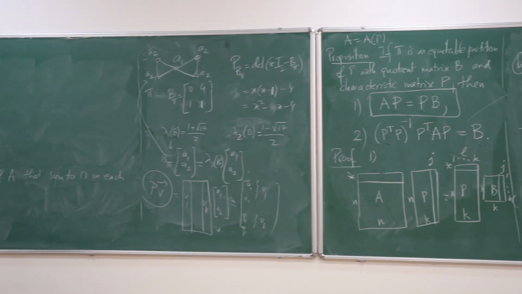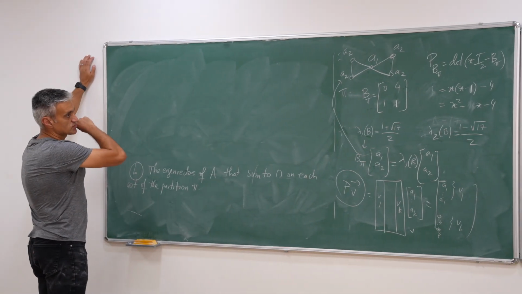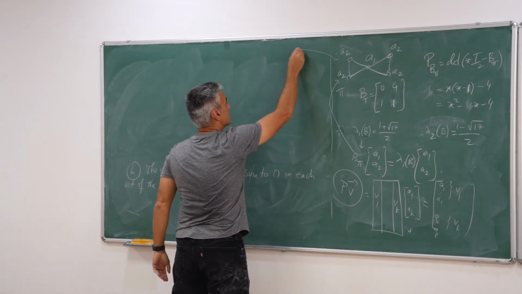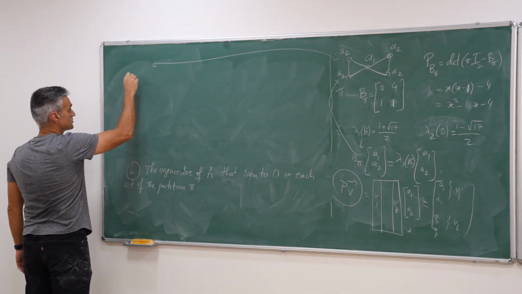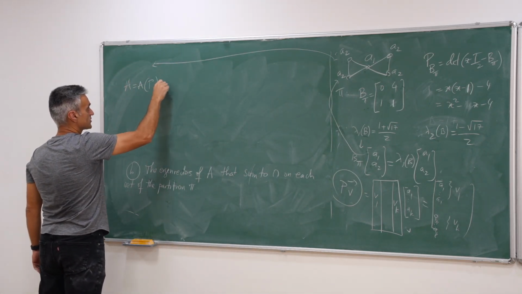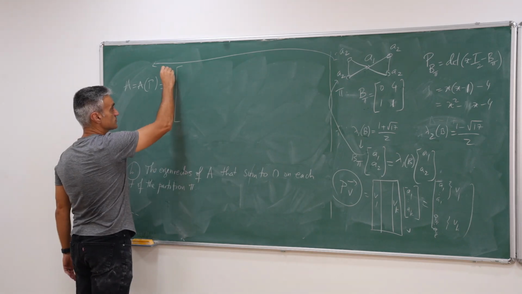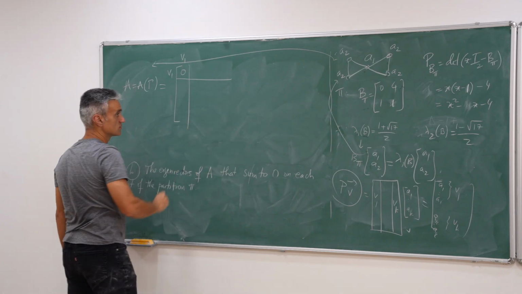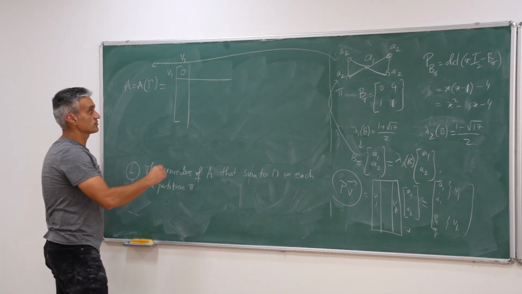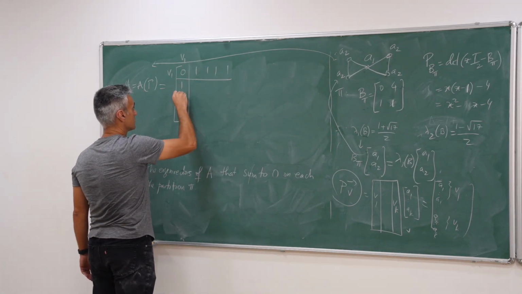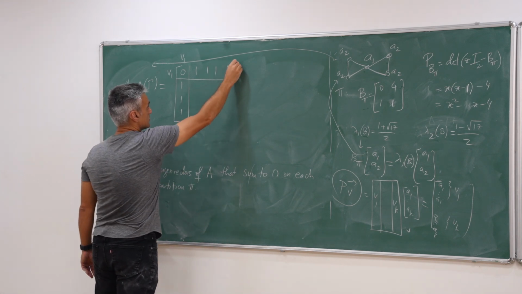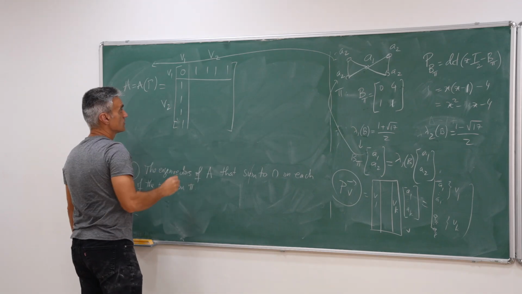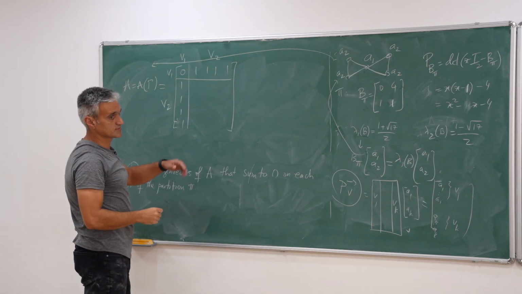So for this graph, the adjacency matrix, or A of gamma, how does it look? Let's put the vertex V1 first. You have 0, you have 0. Now V1 is adjacent to everything, 1, 1, 1, 1, 1, 1, 1. And here you have the V2, and this one is this perfect matching.